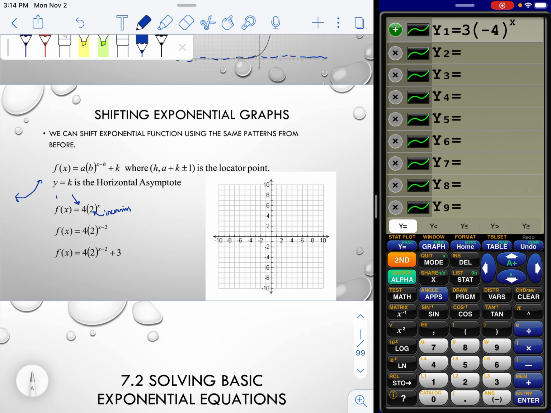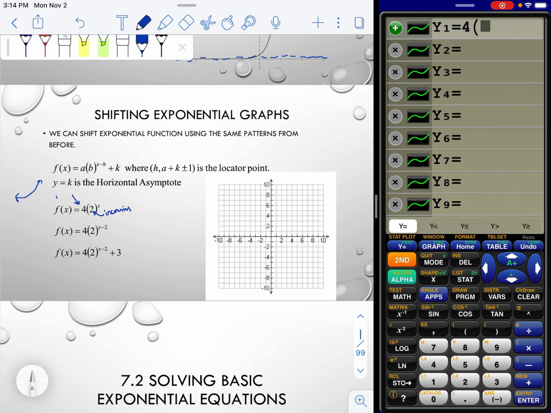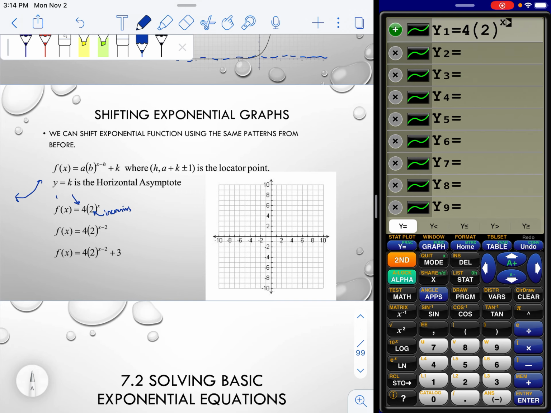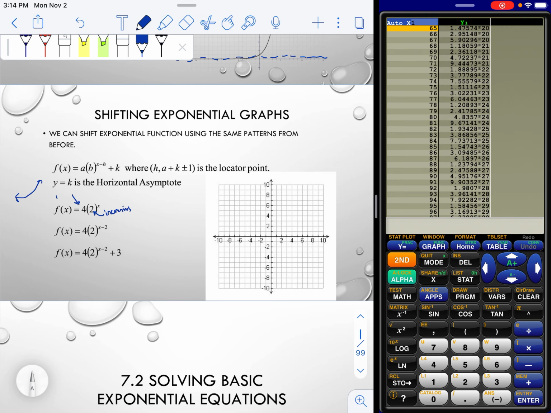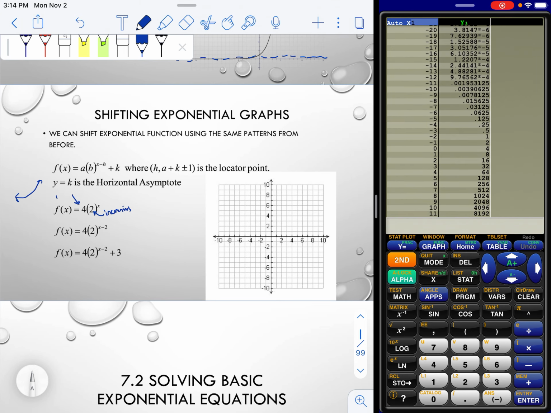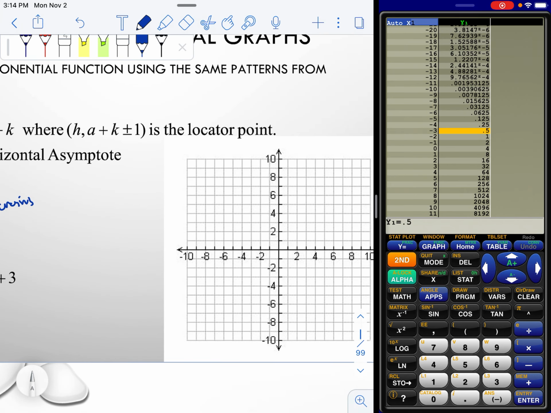So if we just type this in, 4 times 2 raised to the x power, and we looked at our table, you're probably not going to get too many nice points: negative 3, .5, negative 2, 1, negative 1, 2, 0, 4, 1, 8. I think that's all we can graph.